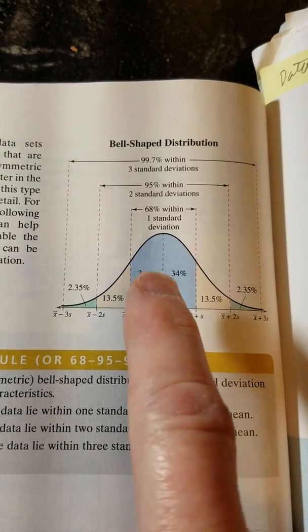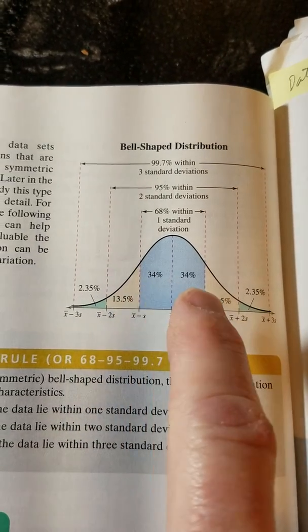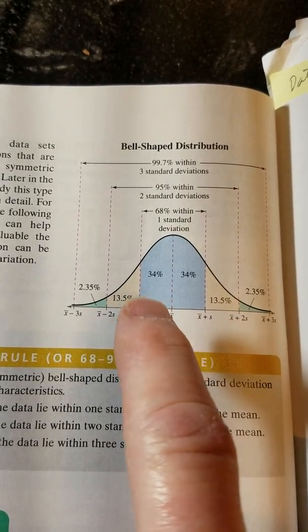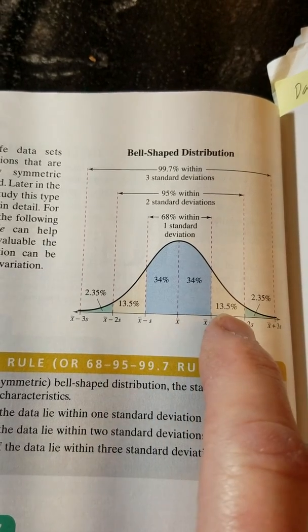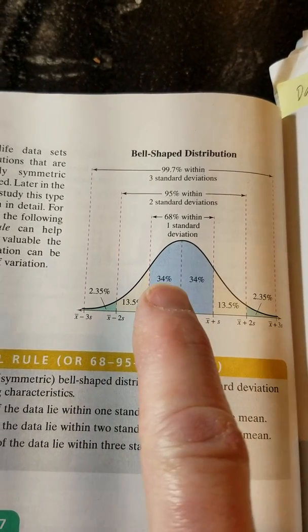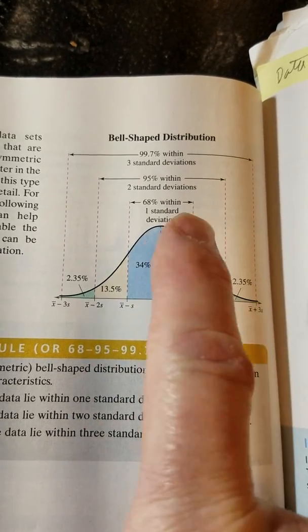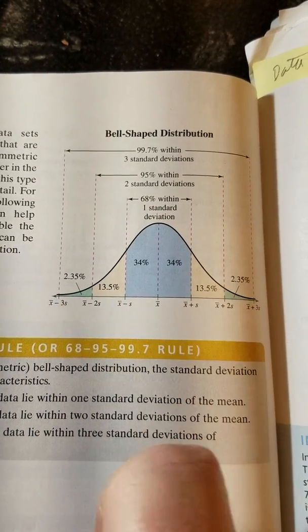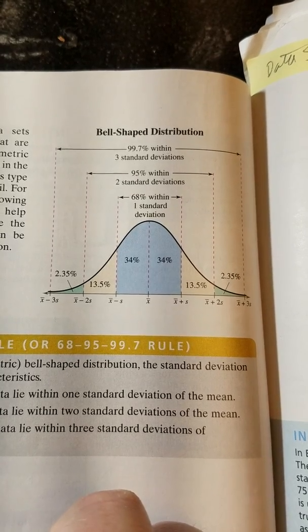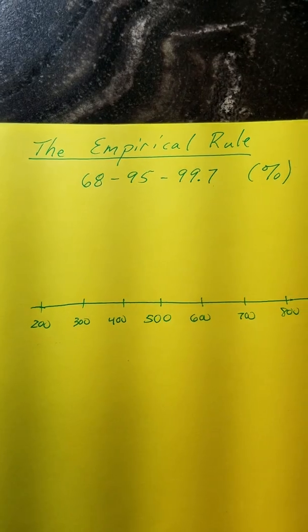And then this is breaking things up more: 34 plus 34 equals 68, the 13.5 and 13.5 plus the 34s is 95, etc. So I'm going to use this idea with the problem to help solve it.